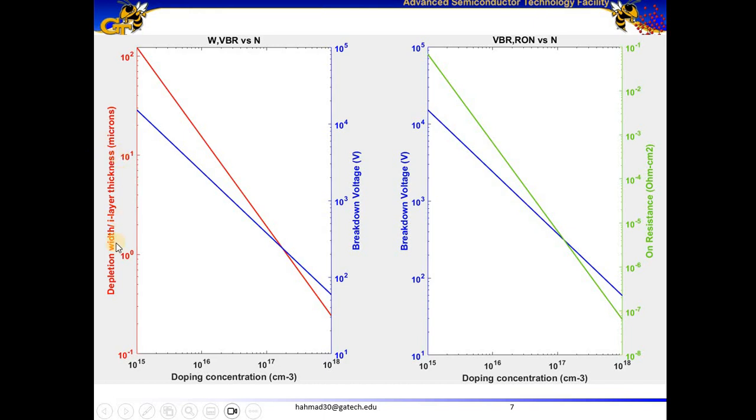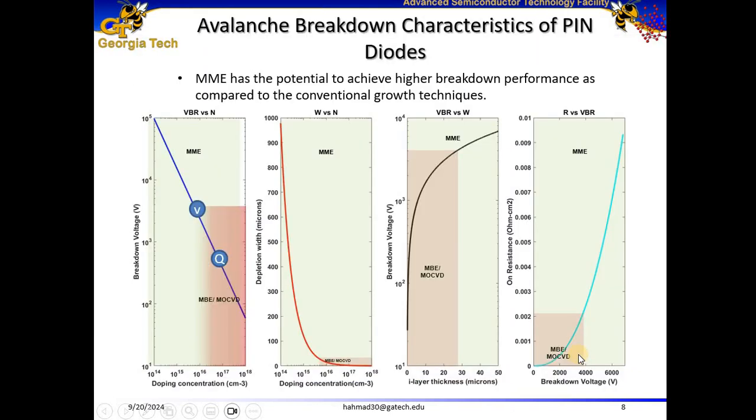I plotted the depletion width versus the doping concentration, and then the breakdown voltage versus the doping concentration. Similarly, in another plot, I've demonstrated both the breakdown voltage and the on-resistance versus the doping concentration. And then we can have codes where we can represent each of these independent variables versus doping concentration independently as well.